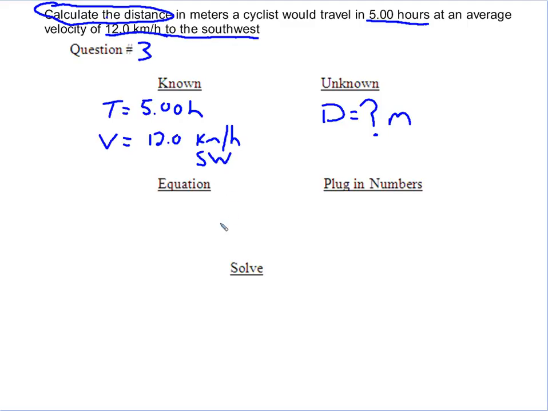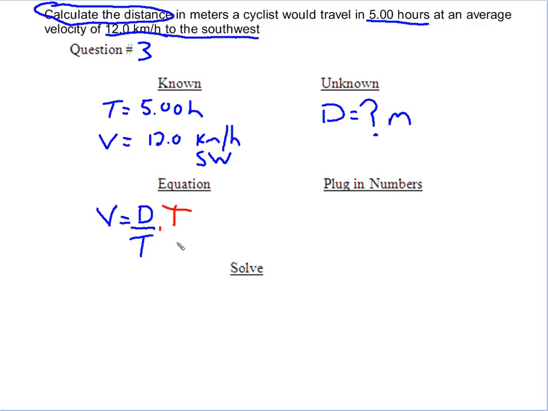The equation, I'm going to start off writing the original equation that we know. We understand that our equation for velocity is distance over time. Now sometimes we have to rearrange the formula in order to get it the way we want. We need to isolate the variable.